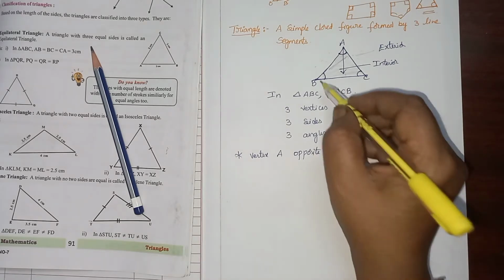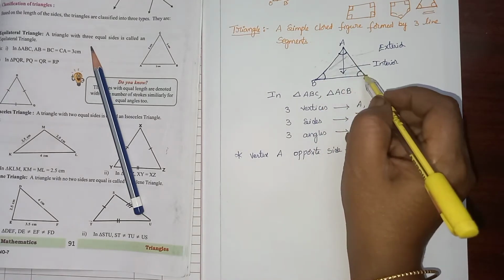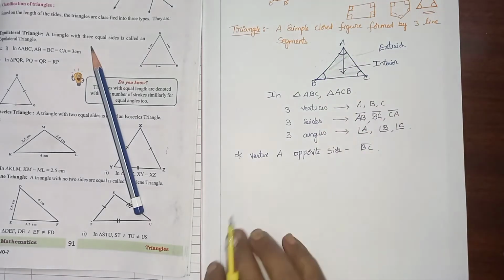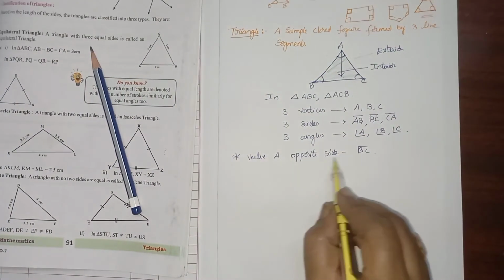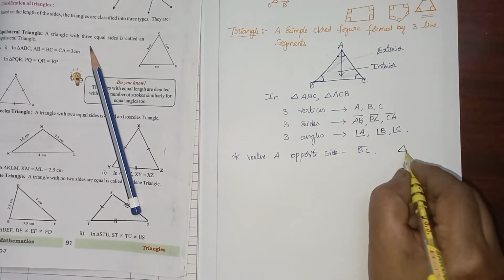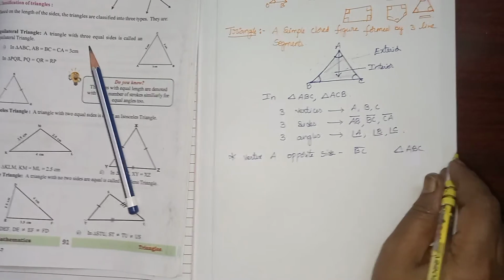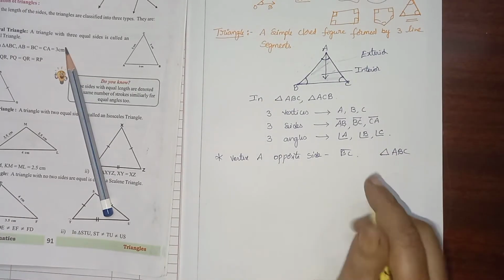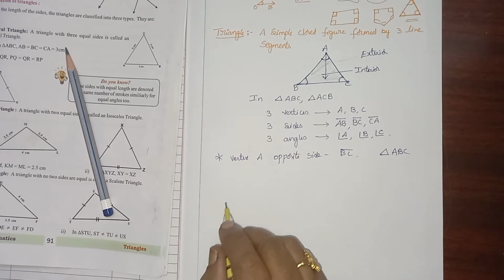Otherwise, vertex B's opposite side is AC. Vertex C's opposite side is AB. Observe, children: in triangle ABC, close vertex A, the remaining letters BC are the opposite side.